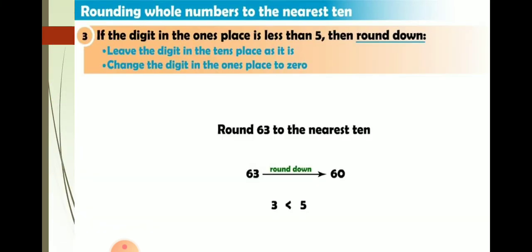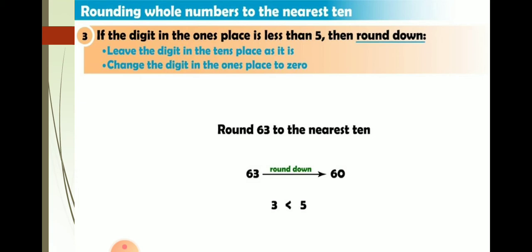Rounding whole number to nearest 10, let us take an example. First, be clear with the rule. If the digit in the ones place is less than 5, then round down. Leave the digit in the tens place as it is. Change the digit in the ones place to 0. So here we have to round 63 to the nearest 10. 63, when rounded down, what will it become?